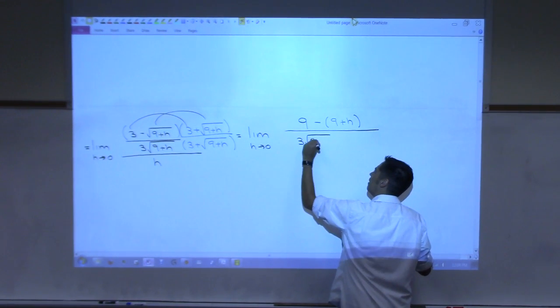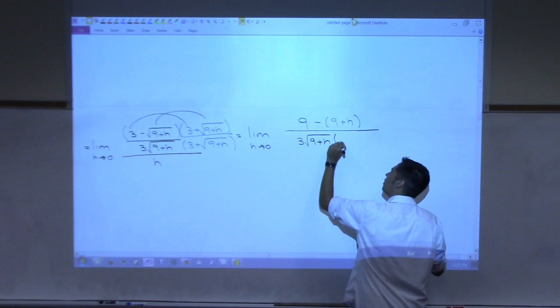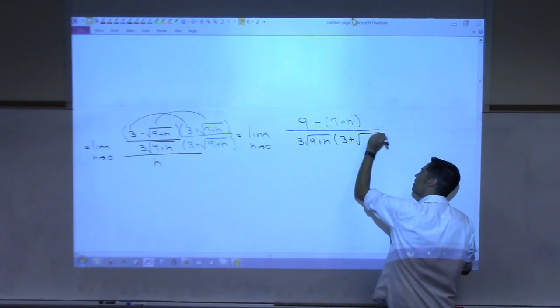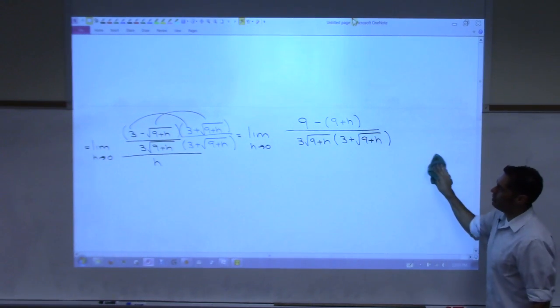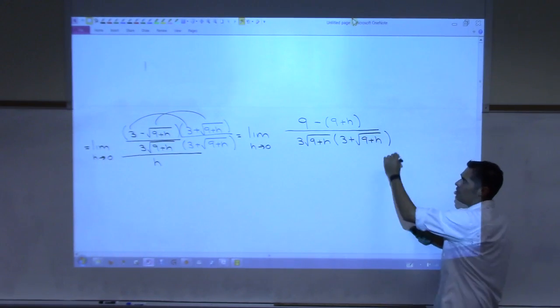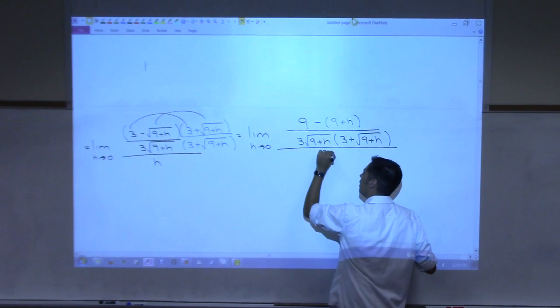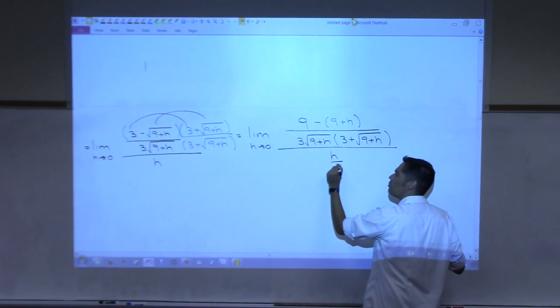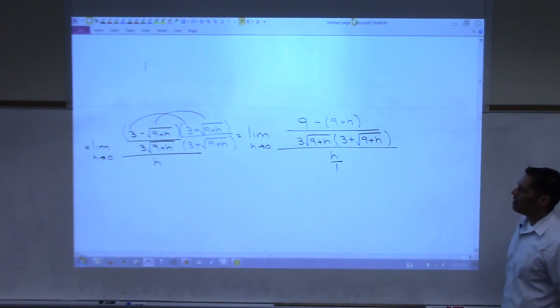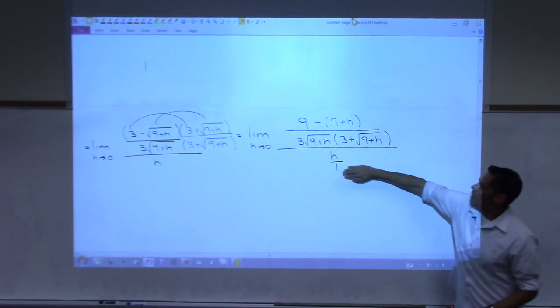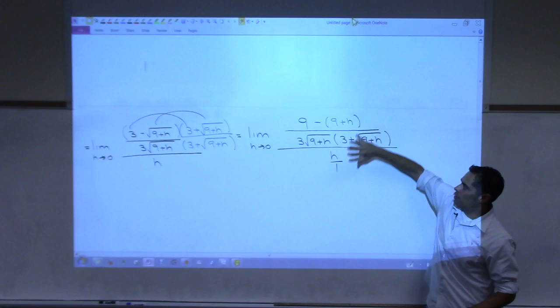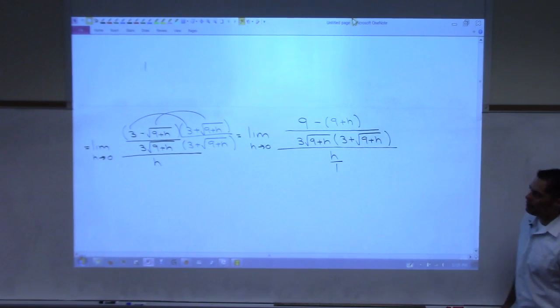Do not touch that unless you want to get yourself into a mess, which we're already kind of in. Just leave that alone, and then all of that over h. And I'm actually going to write h as h over 1 this time, because I hate having fractions with 2 bars in it without, you know, I don't like that look. It looks like a fraction over a fraction that way to me.